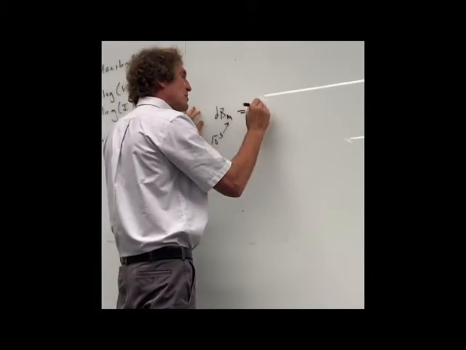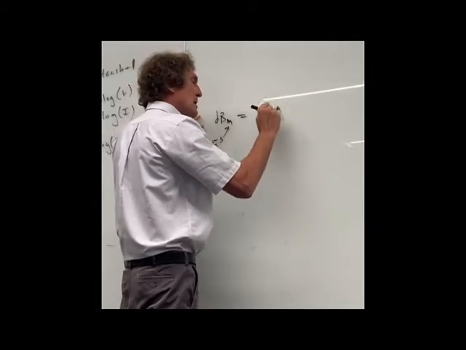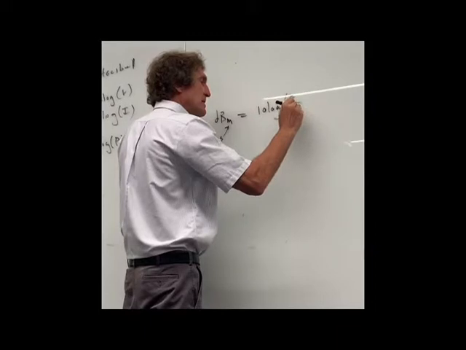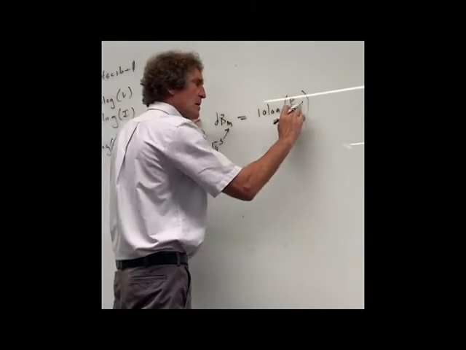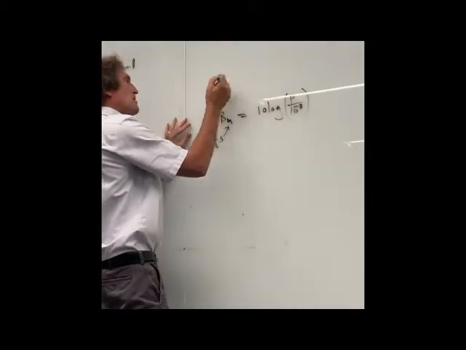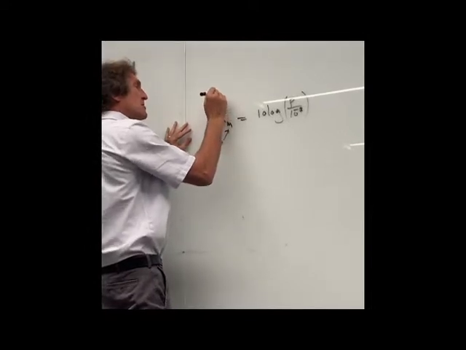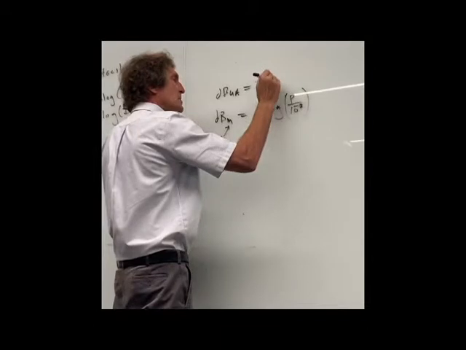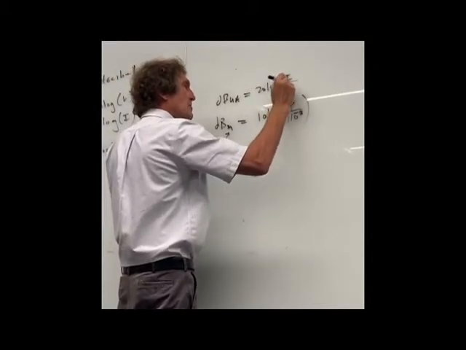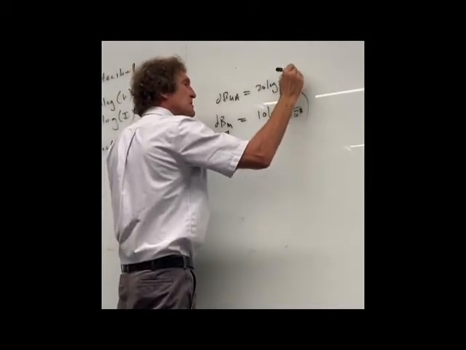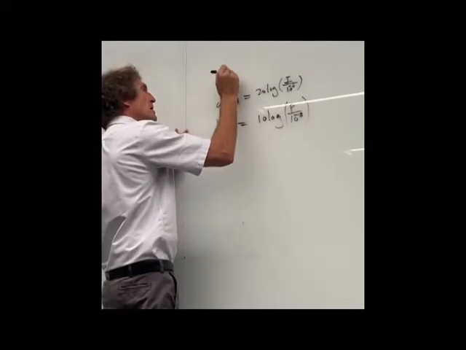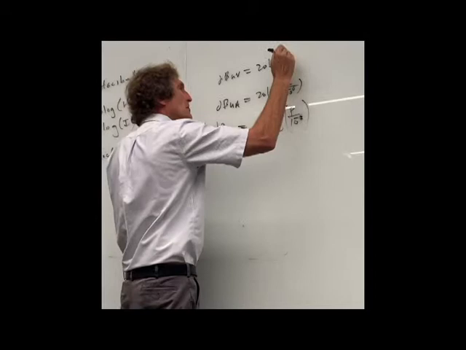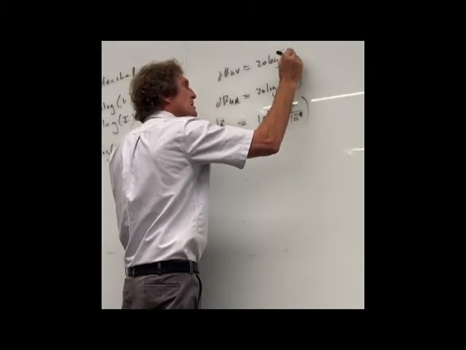It's 10 times the log of the actual value of the power you're talking about, divided by 10 to the minus third. The other couple of common references are dB microamps, which is 20 times the log of the current over 10 to the minus 6, and dB microvolts, which is 20 times the log of the voltage over 10 to the minus 6.